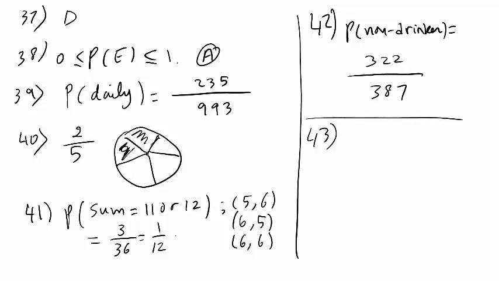43. It's pretty much the same table but with different numbers. List of drinking habits of a group of college students. He wants the probability of getting someone who is a man or non-drinker.